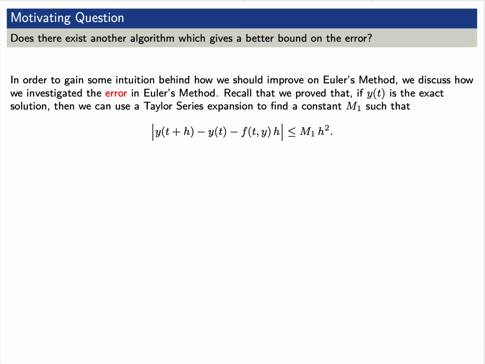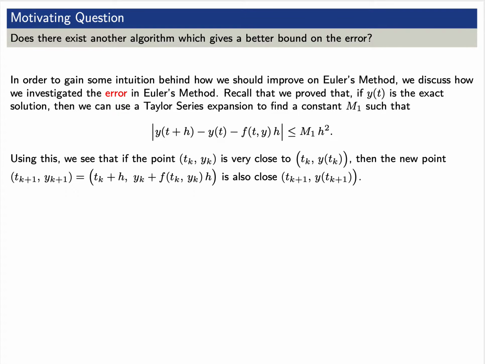If y(t) is the exact solution, then we can use a Taylor series expansion to find a constant m1 such that in absolute value, |y(t+h) - y(t) - f(t, y) h| is less than or equal to m1 times h squared.